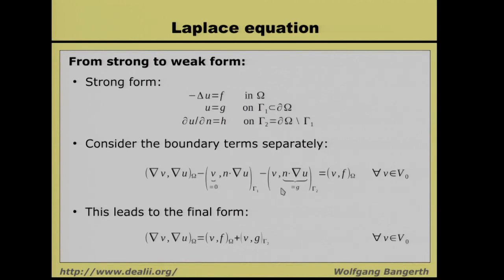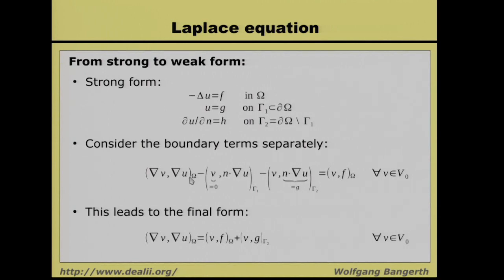And for the second term, that was v times n dot grad u, I know that n dot grad u, well, actually it's not equal to g, it should be equal to h from the condition up here. So I know that n dot grad u equals h. So u does actually not appear in this term anymore, only the boundary values appear, and I can bring it to the right-hand side.